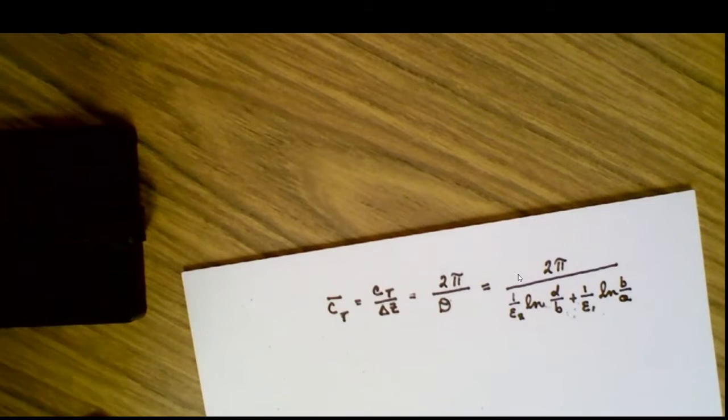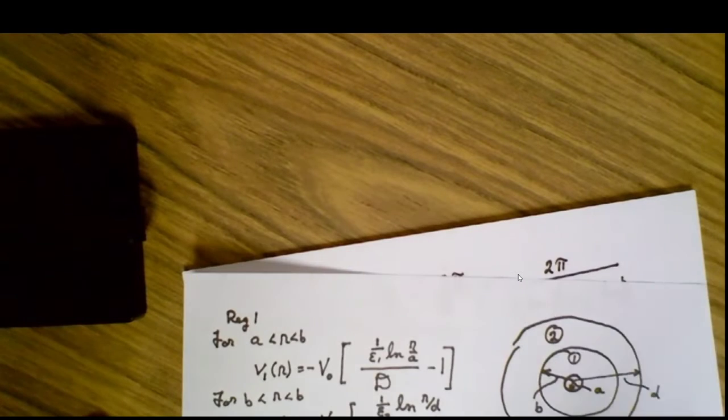Well, engineers like to play games, so we're going to play a game with this. Consider the following. Let us assume that our interface section at b approaches d, or maybe I should say d approaches b.